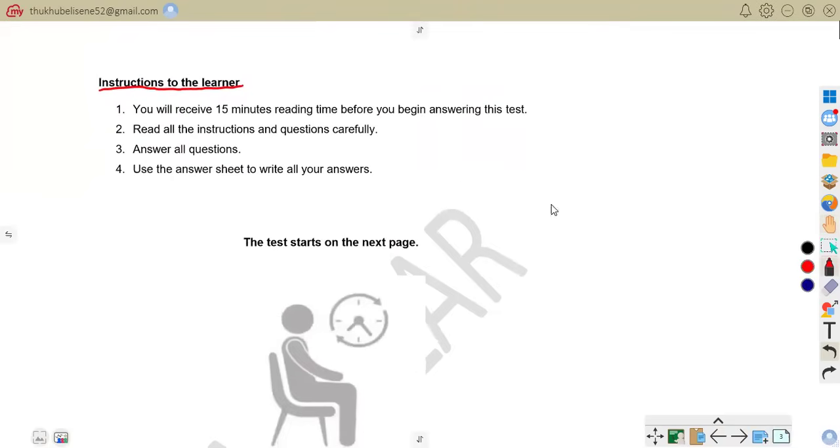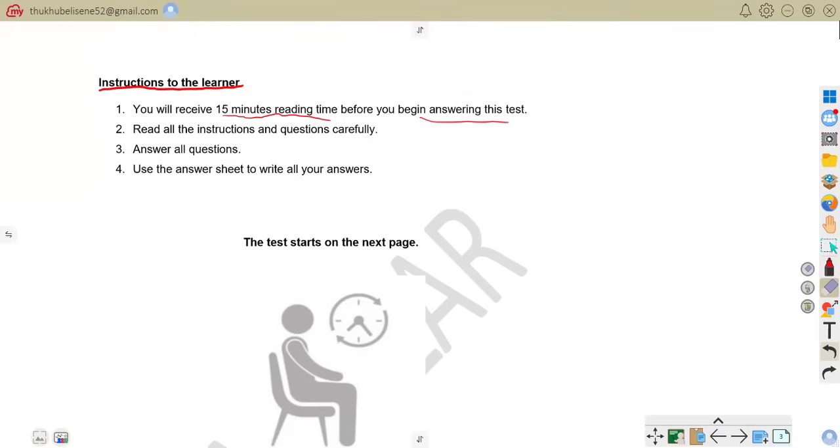Instructions to the learner. Instruction number 1, you will receive 15 minutes reading time before you begin answering this test. So you are allowed to go through your test before you can attend to it.